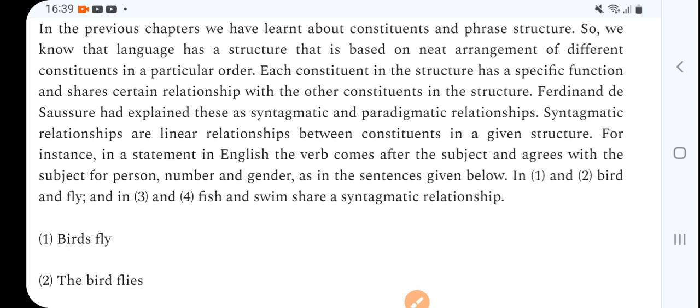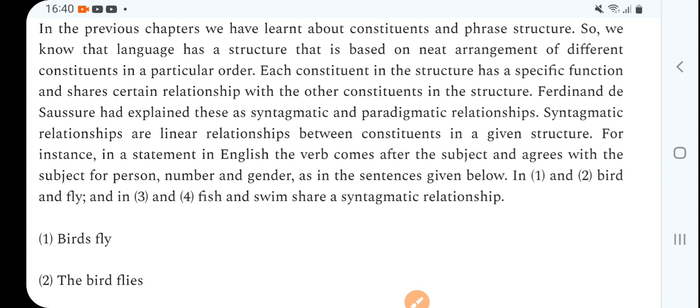Ravan is a noun, but he is the object because Ravan is killed by Ram. So each constituent in the structure has its own function and relationship with the other constituents.